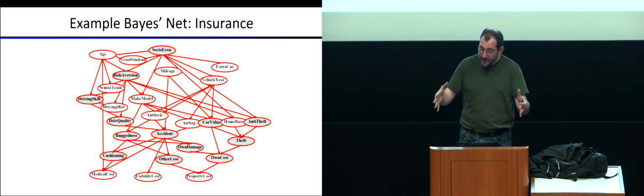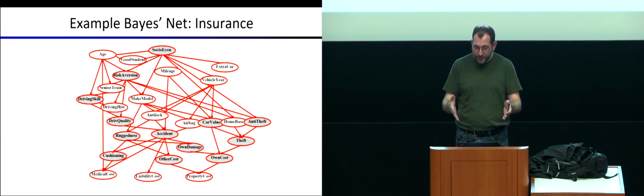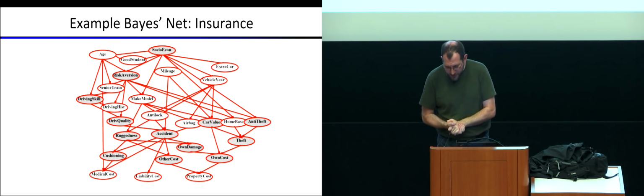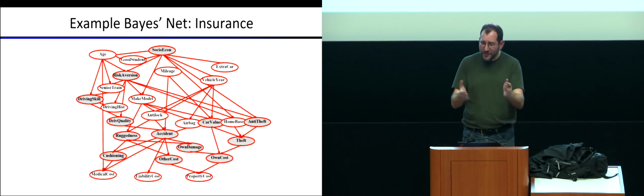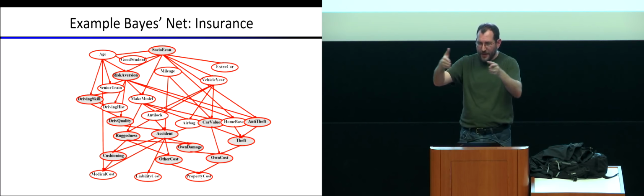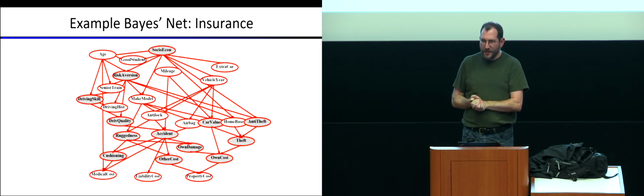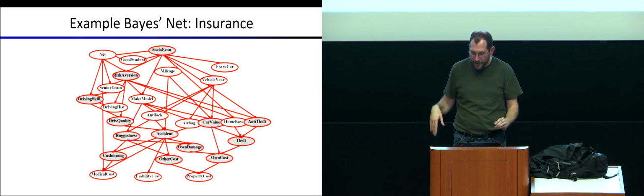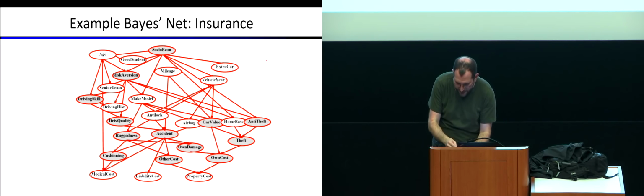This Bayes net is a description of that domain, which includes a decent number of variables, something like 30 variables. And if each of those variables had 10 values, maybe 10 age buckets and 10 mileage buckets, how many entries would a full joint distribution over all of those 30 variables have?